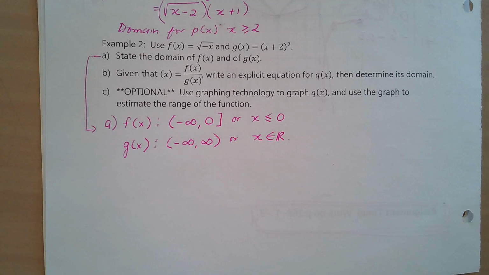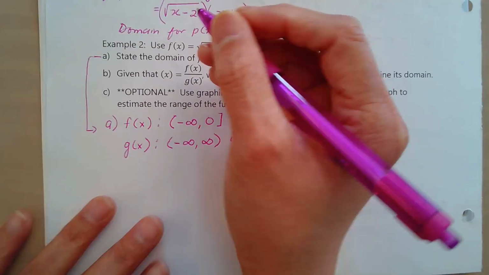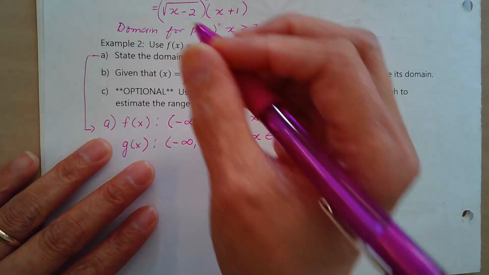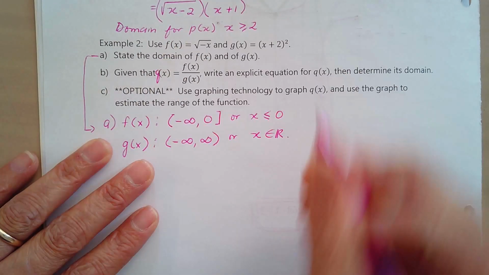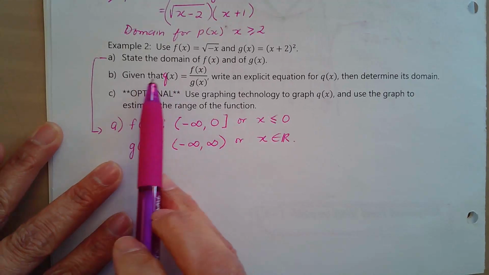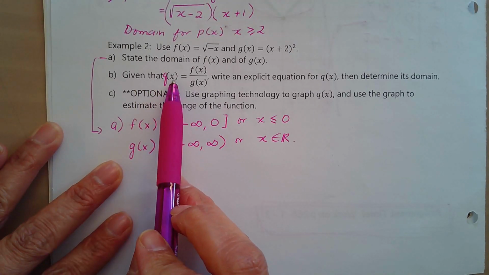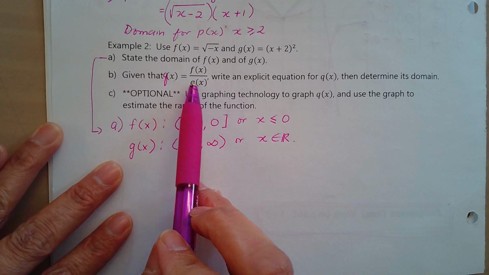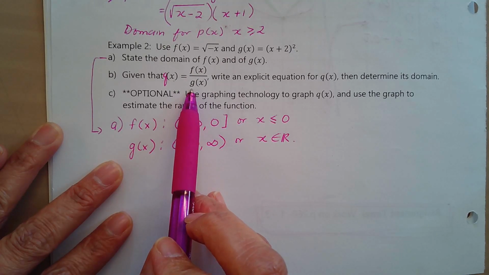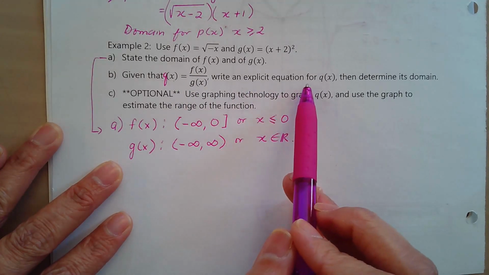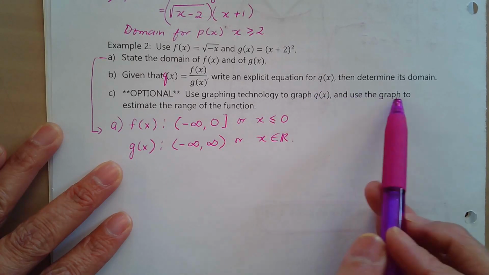So given that, oh, we forgot a letter in here. We're going to put a q in here. Okay. Given that q of x is equal to f of x divided by g of x, write an explicit equation for q of x, then determine its domain.